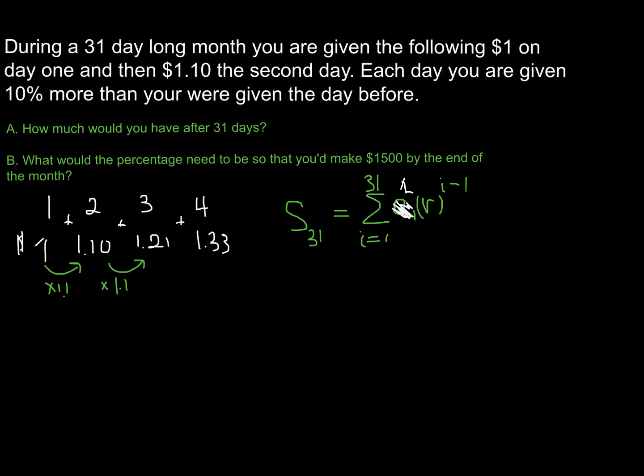That's the amount I start with. And r is the common multiplier, which is 1.1. So we know what this will be equivalent to. It's going to be a sub 1, which is 1, times 1.1 to the n, which is 31, minus 1, divided by r minus 1, which is 1.1 minus 1. So S sub 31 is going to be equivalent to $181.94.